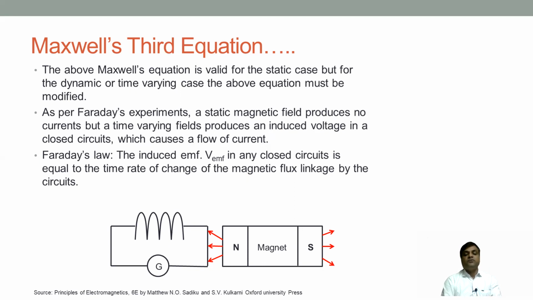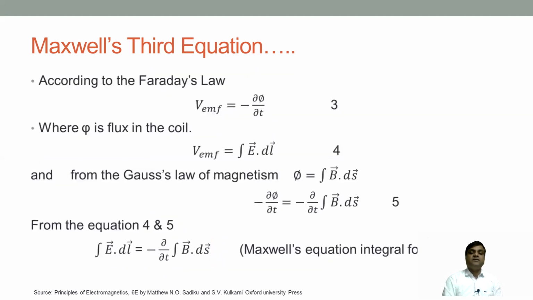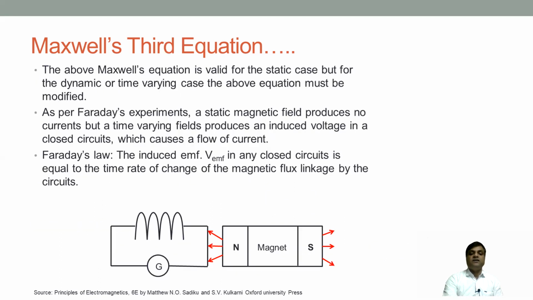Due to that magnetic linkage to the coil, an EMF is induced in the coil. That is Faraday's law. We write VEMF is equal to minus d phi upon dt. The induced EMF is equal to the time rate of change of the magnetic flux.